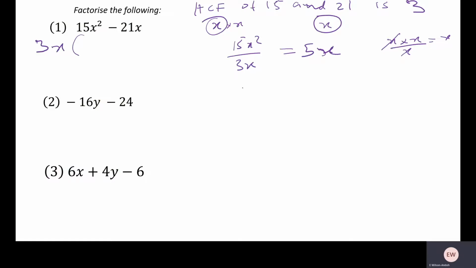We pick the next one, which is negative 21x, and then divide by the highest common factor. And we are dividing negative by positive. This will give us negative. Our answer is going to be negative.